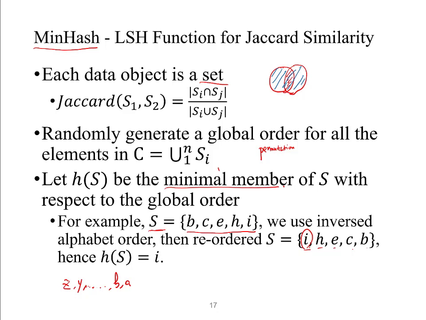You can think of the minimum member as the first member. Therefore, the hash of S is equal to I.